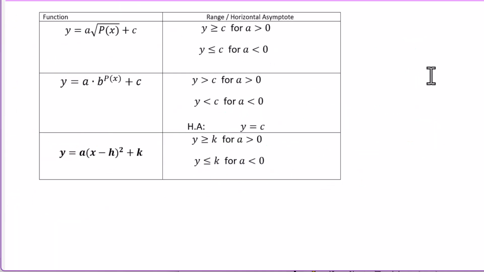For IB AISL level, the range for certain functions will be tested, like a square root function, exponential function, and quadratic function with a vertex form. The range is related to the constant number.